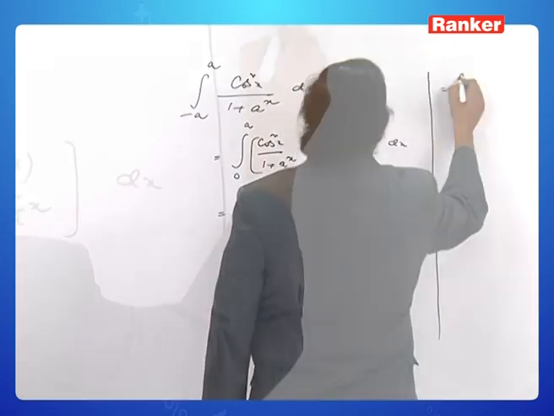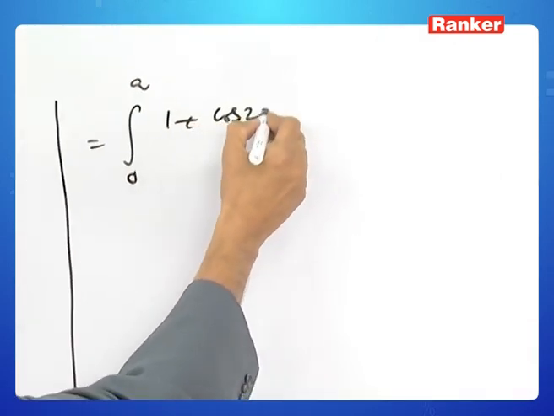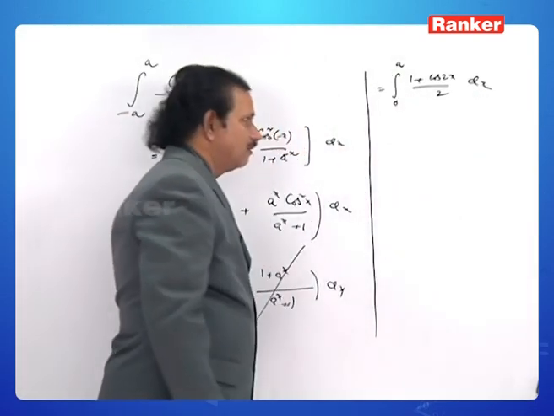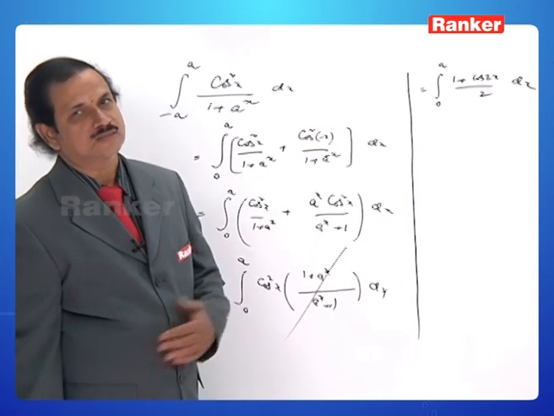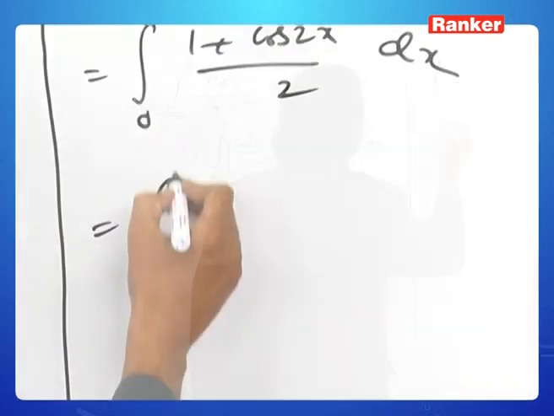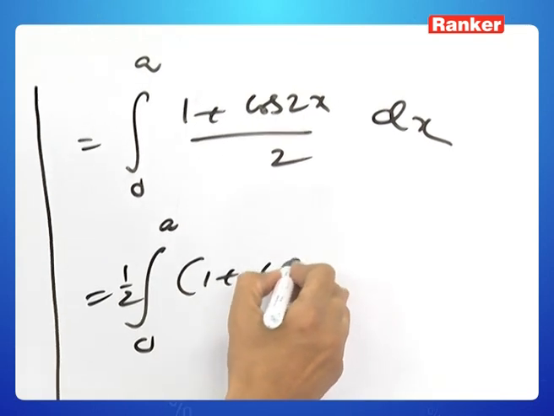For cos square x, you can write 1 plus cos 2x by 2. This is equal to integral 0 to a half into 1 plus cos 2x.